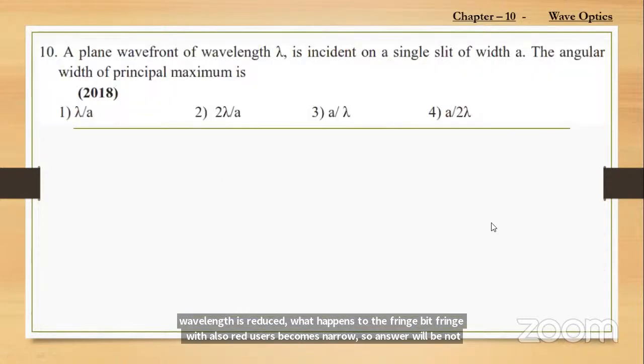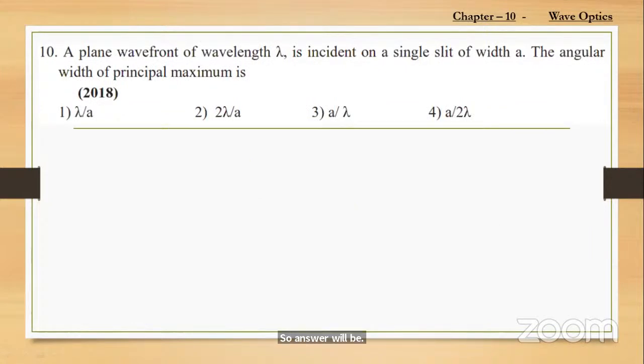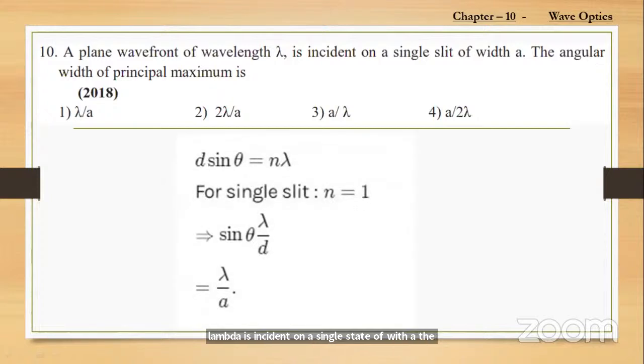Okay. Next one. A plane wavefront of wavelength lambda is incident on a single slit of width a. The angular width of the principal maxima is, say, a sin theta is equal to n lambda, because they are giving principal maxima.